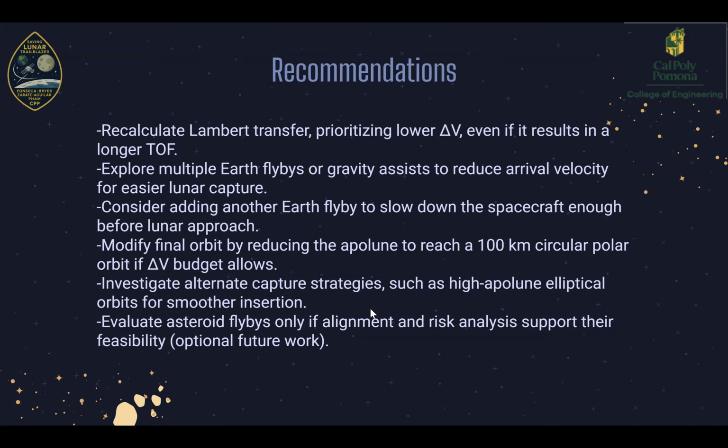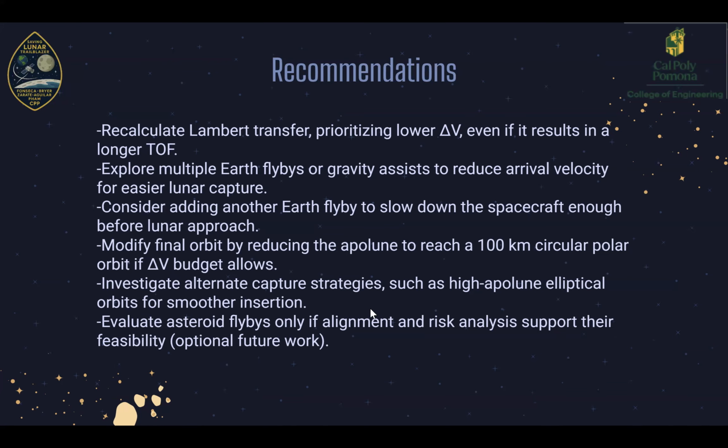Part of the recommendations would be to recalculate the Lambert transfer orbits, prioritizing lower delta Vs, even if they result in a longer time of flight. Also, probably exploring multiple Earth flybys, maybe not one, maybe two or three, that can slow the speed of the spacecraft a little bit more to then reach the Moon at a slower speed that will make the apoapsis smaller.